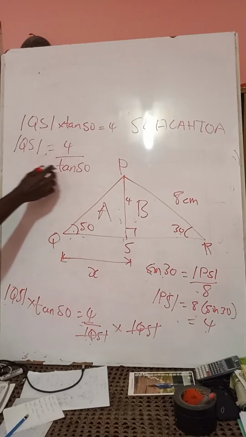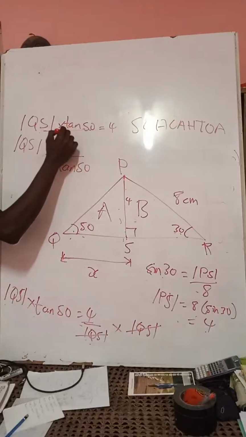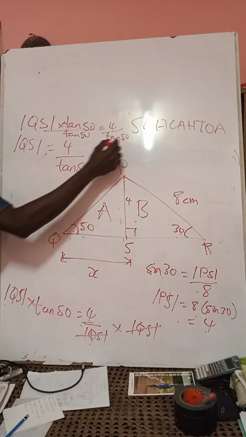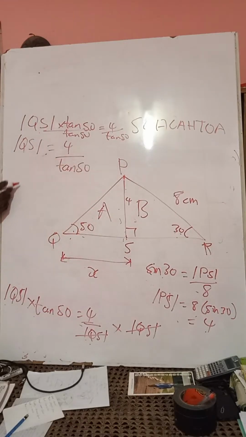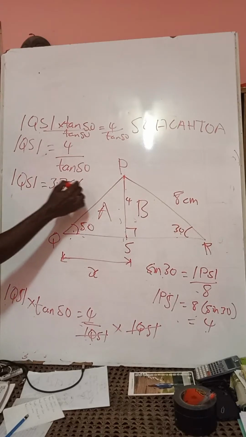Someone may ask, how did you get 4 out of tan 50? It's multiplying, so we divide both sides by what? Tan 50 out of tan 50. Do you have any question? No. So then you enter it into your calculator. That's all. 3.356. So line QS now is going to be 3.356.